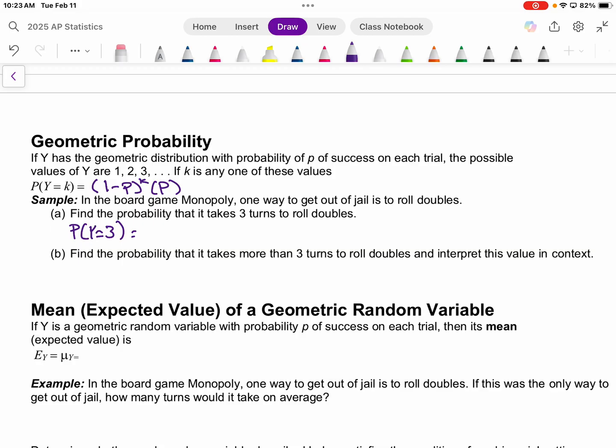A 1 and a 1, a 2 and a 2, a 3 and a 3, a 4 and a 4, a 5 and a 5, and a 6 and a 6. That's 6 successes out of 36 total opportunities, so it's just 1 out of 6. The probability of success of rolling doubles is 1/6.